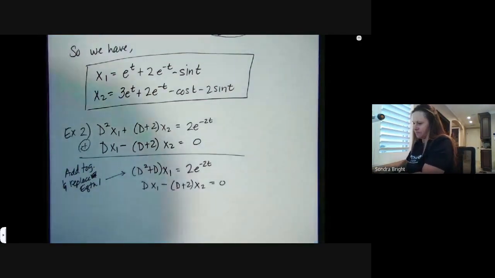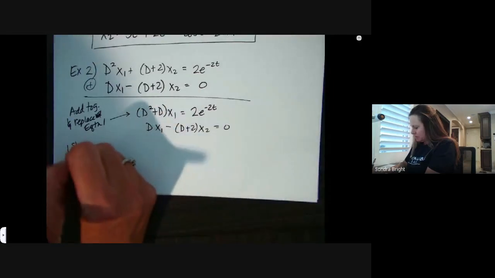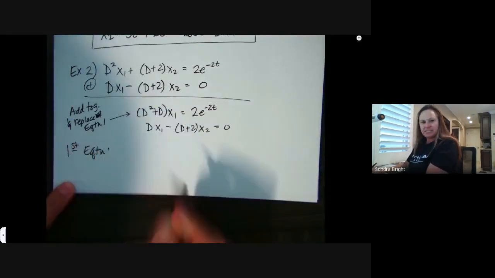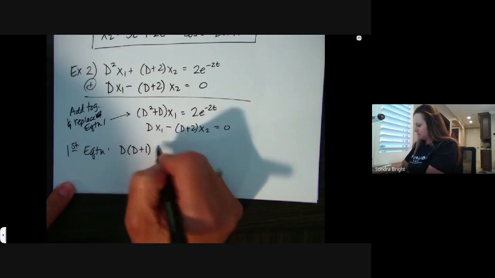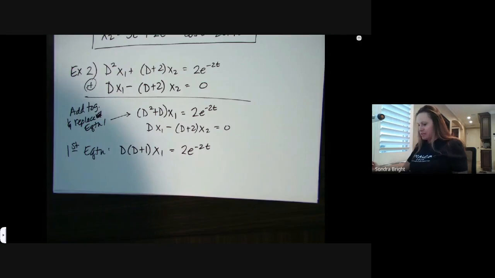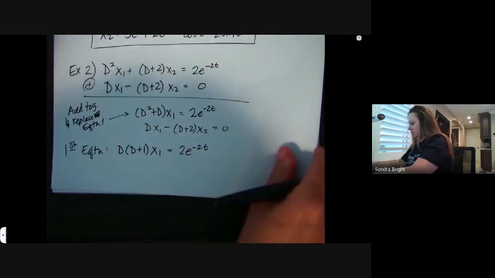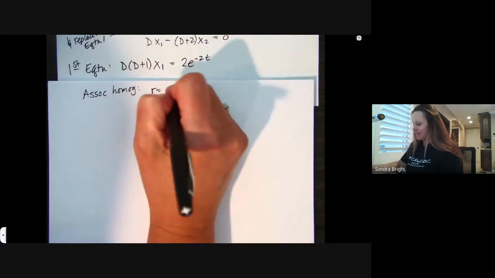So let's work on the first equation first. That first equation is (D squared plus D) operating on x1. Well, that's D times (D plus 1) operating on x1, and we know how to solve these. You have to start off by finding the associated homogeneous. So you would have r equals 0 and r equals negative 1.